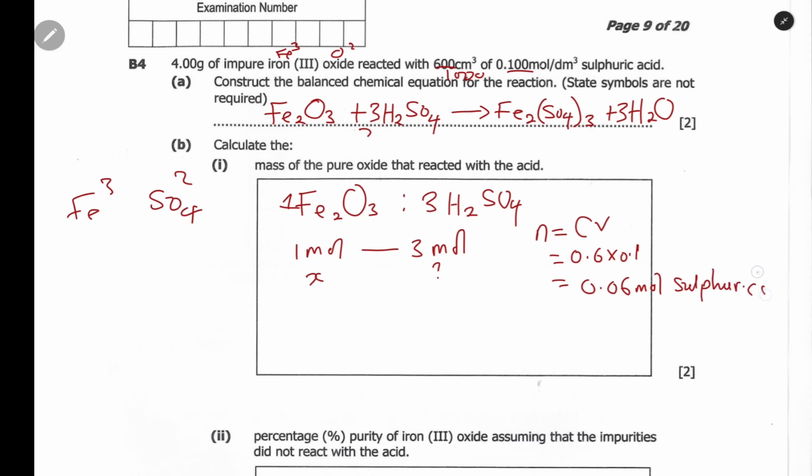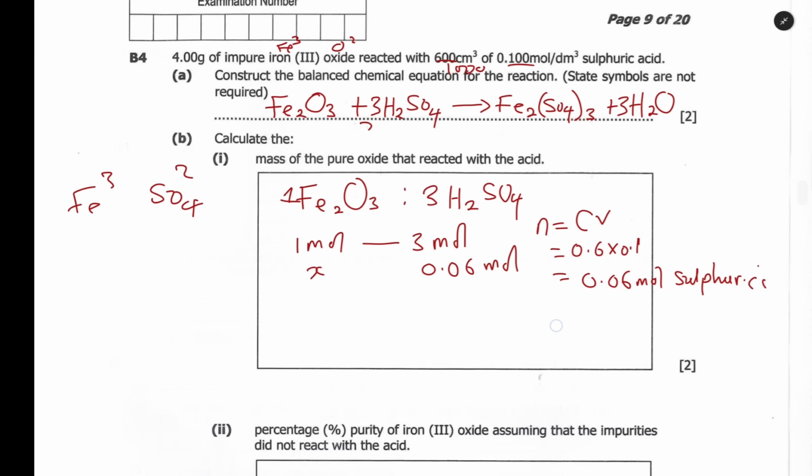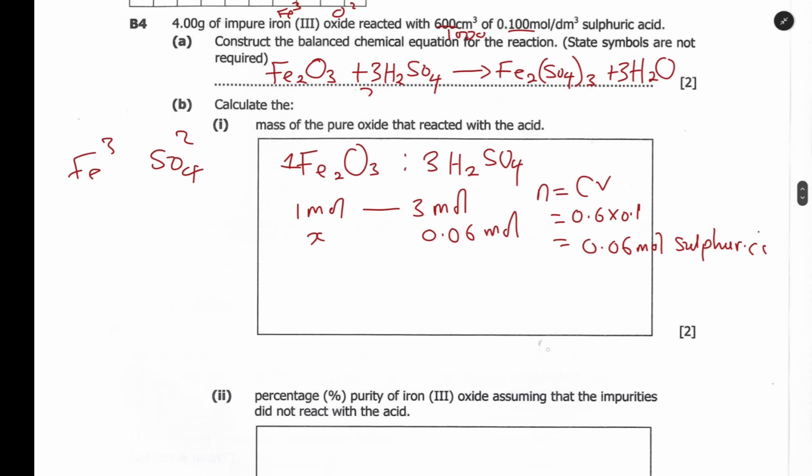acid. So we are saying 1 mole of iron oxide reacts with 3 moles of sulfuric acid. What will be the moles of this one? The moles that we are finding are the moles of the pure oxide, the one that reacts with sulfuric acid.